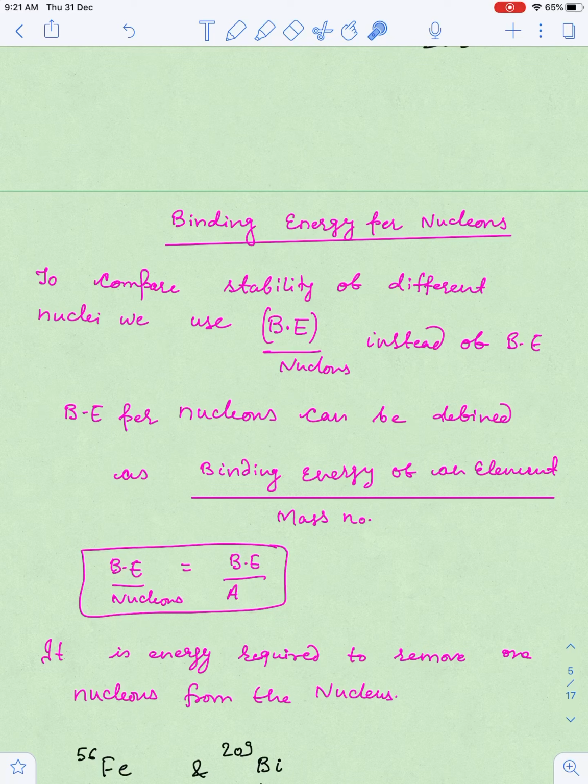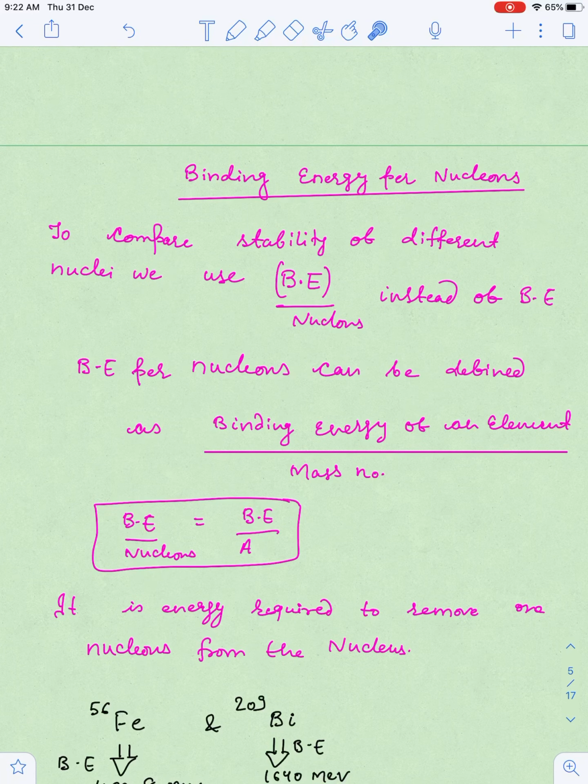How can you define binding energy per nucleon? To compare the stability of different nuclei, we use binding energy per nucleon instead of binding energy. Don't use binding energy as a stability criterion. Binding energy per nucleon is defined as the binding energy of the element divided by its mass number, that is, the atomic mass of the element.